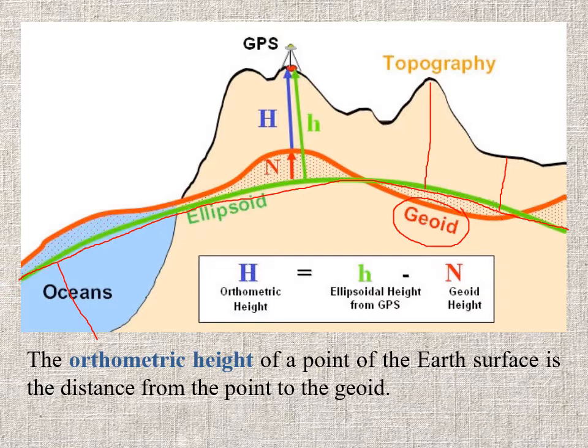So it was thought, for simplification, that this geoid surface is basically our mean sea level. That is not actually, geoid surface is not equivalent to the mean sea level, but for mathematical simplification, the geoid surface is thought of as the height of the mean sea level.